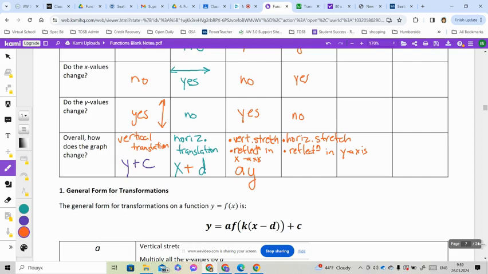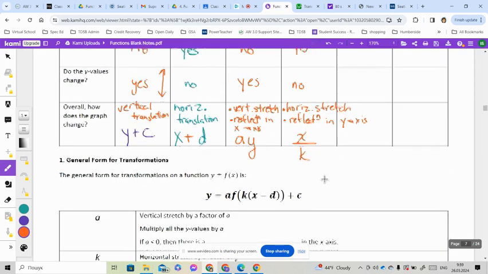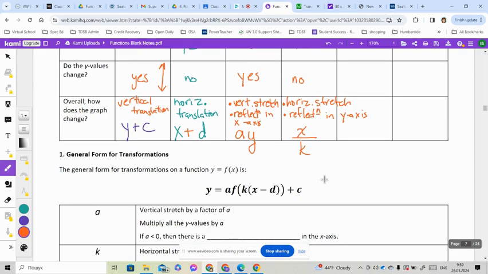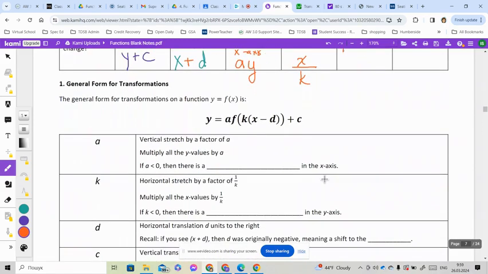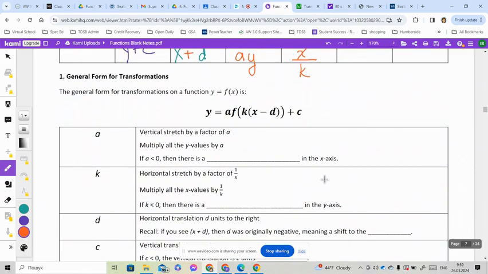Yeah, but they didn't get bigger because remember they got squashed. So in fact, the k value affects the function in the opposite way that the a value does. So we divide the x values by the k.